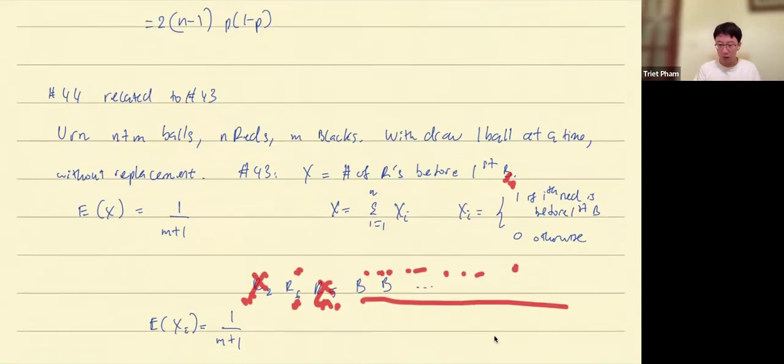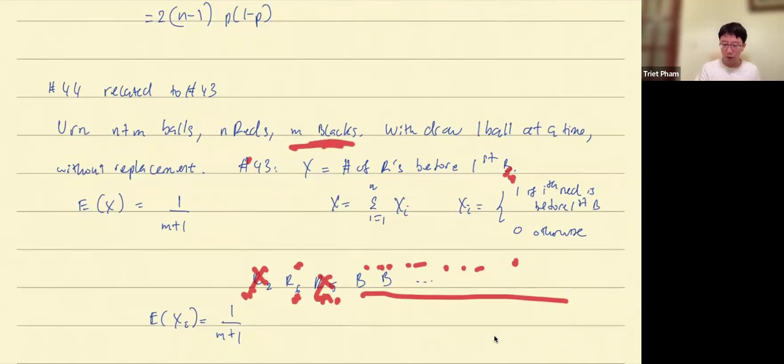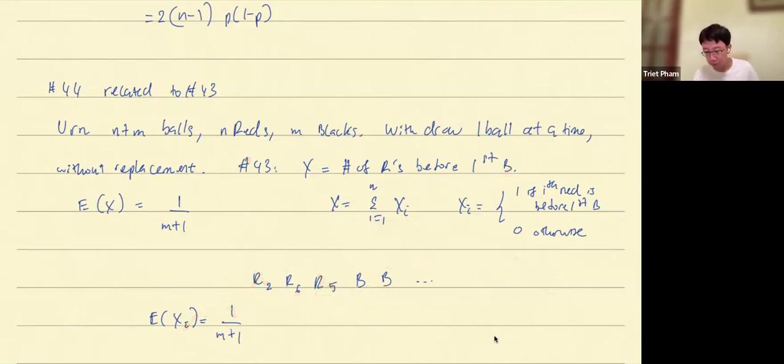In which case, there are a total of m plus 1 positions, m for blacks and 1 for red. They're all equally likely, right? So there's one position out of m plus 1 positions for the red to take that's in front of all the blacks. So it results in 1 over m plus 1.